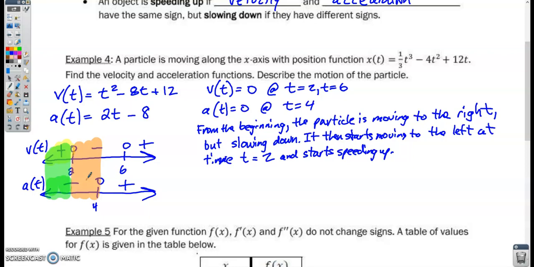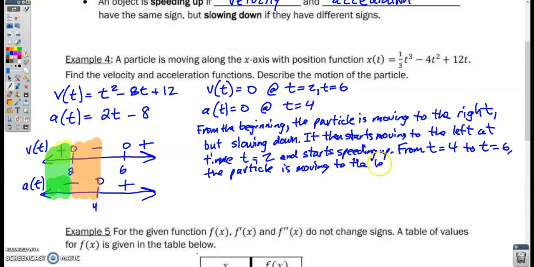Okay. From t equals 4 to t equals 6, the particle is moving to the left because velocity is negative, but it's slowing down because the velocity and acceleration have opposite signs.